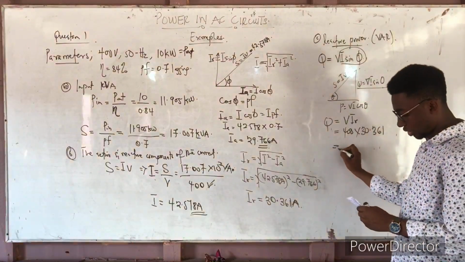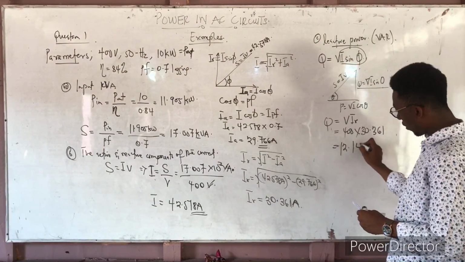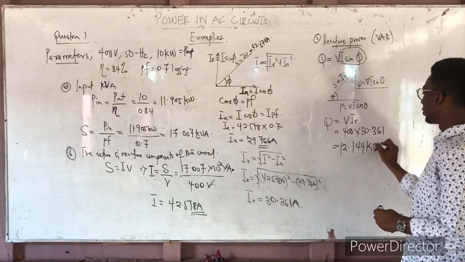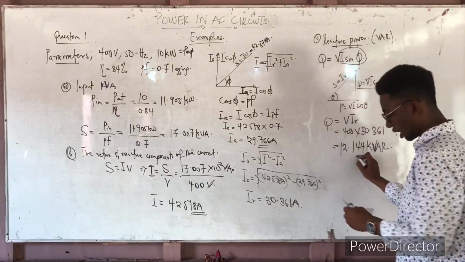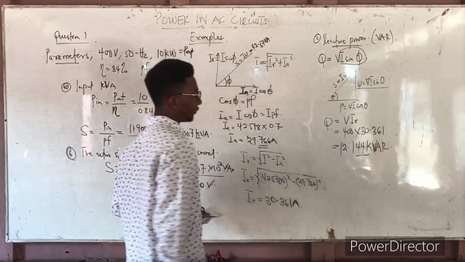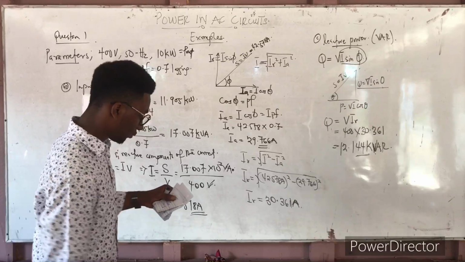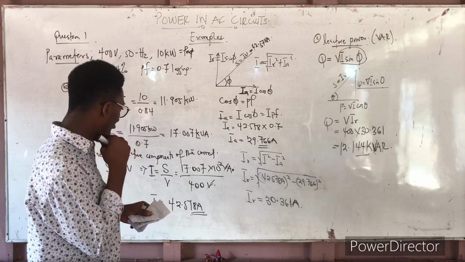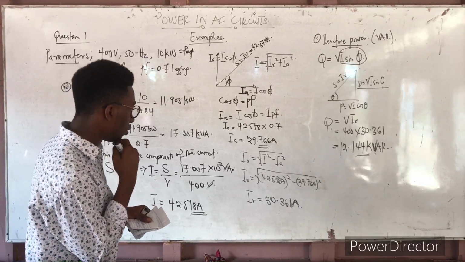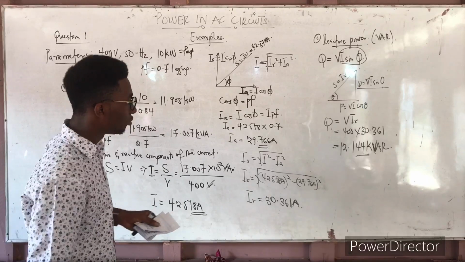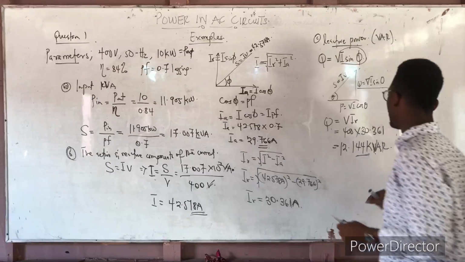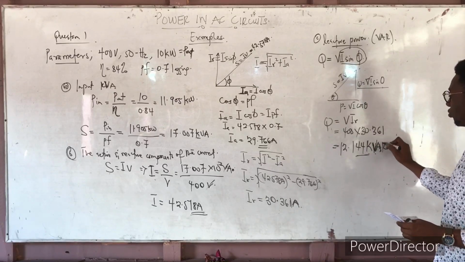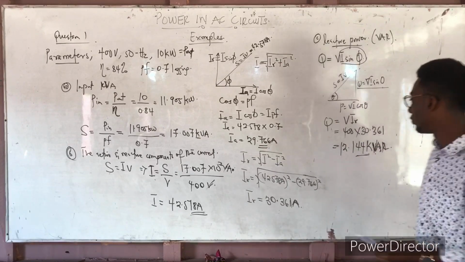When you do this, you are getting 12.144 kilovolt ampere reactive. So that is the value for the question: 12.144 kilovolt ampere reactive.